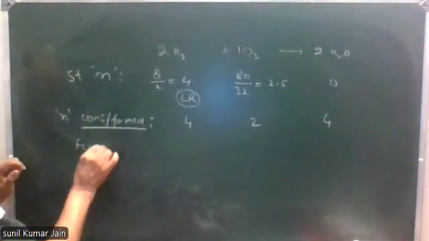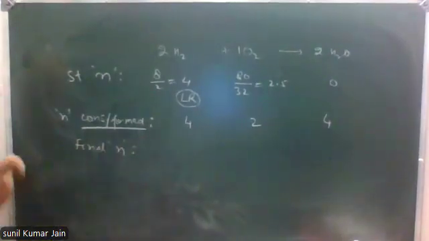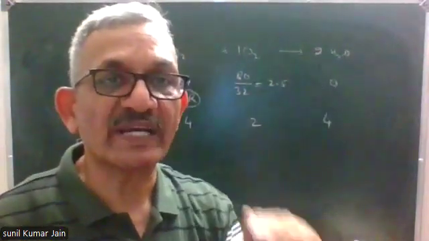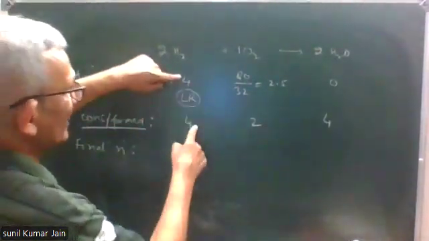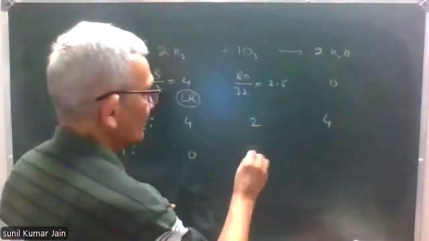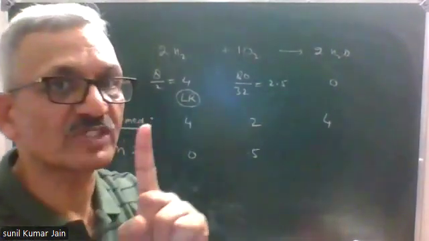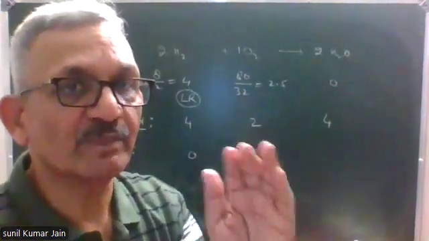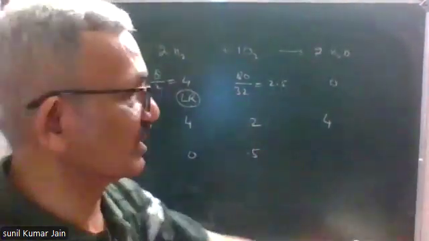Now, final number of moles. Reactants will be initial minus final. 4 minus 4, 0. 2.5 minus 2, 0.5 mole of oxygen is left. In case of product, it will be final minus initial.